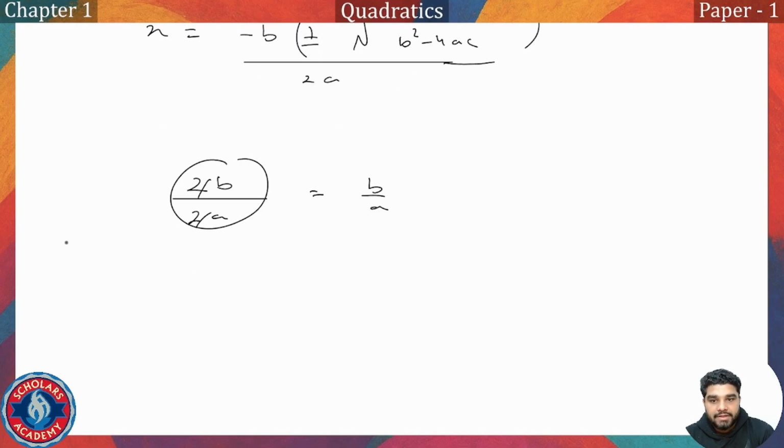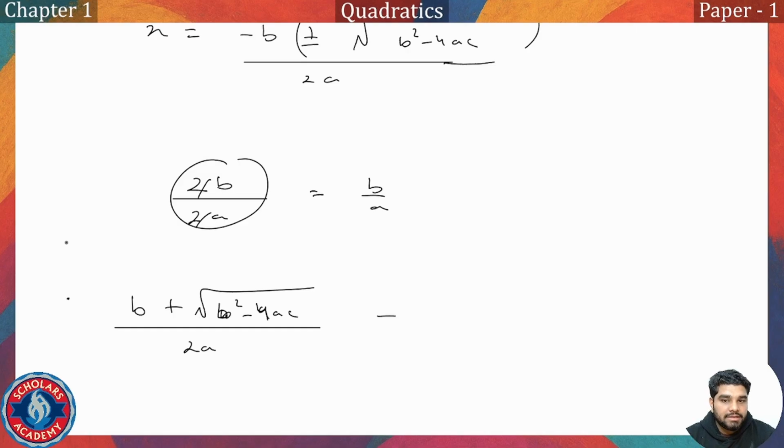I can also give an example. From the first term we'll get b plus root b square minus 4ac over 2a, and from the second equation I will take negative b plus root b square minus 4ac over 2a.